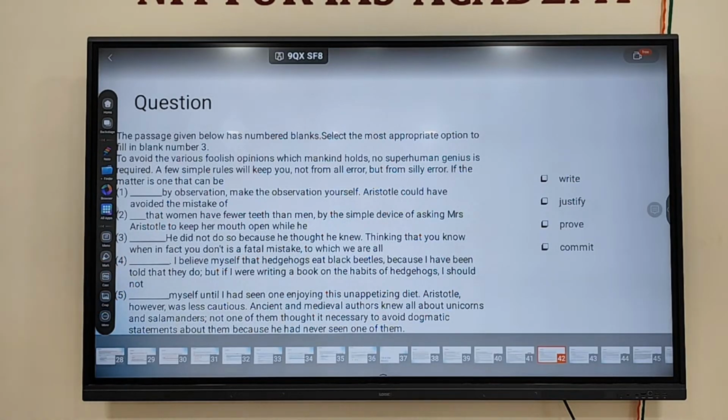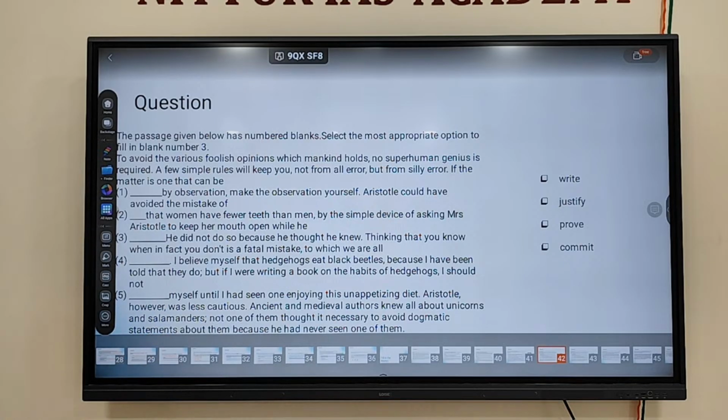To avoid various foolish opinions which mankind holds, no superhuman genius is required. A few simple rules will keep you, not from all error, but from silly error. If the matter is one that can be decided by observation, make the observation yourself.